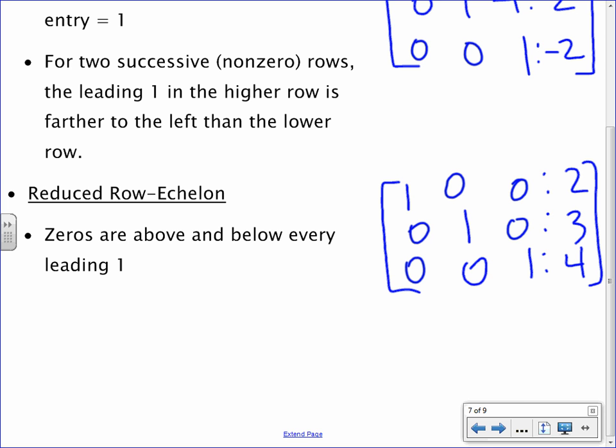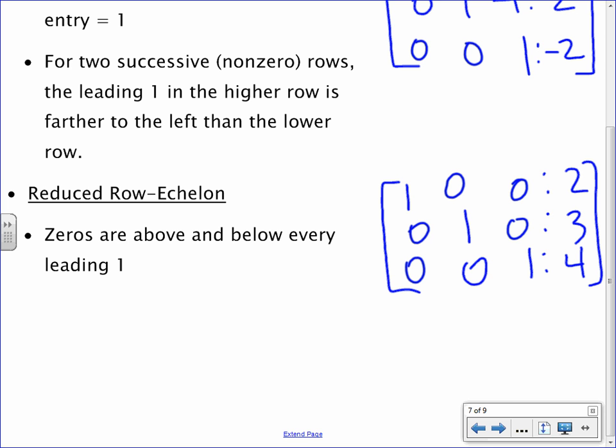Because what is this? X equals 2, Y equals 3, Z equals 4. Do we know the solution to this system?